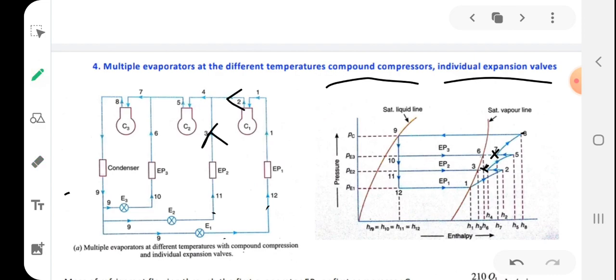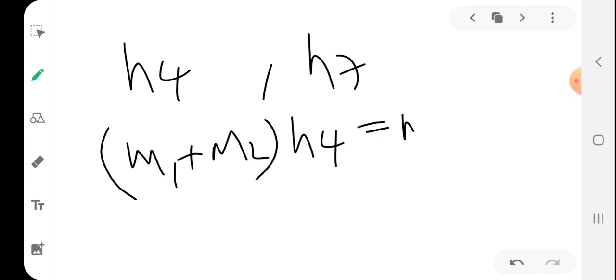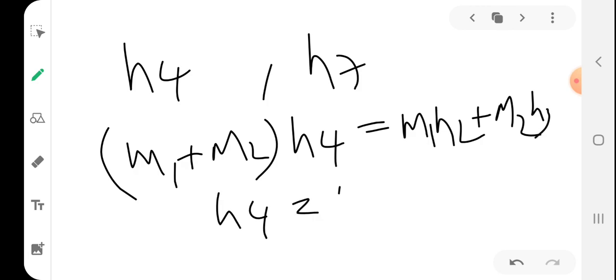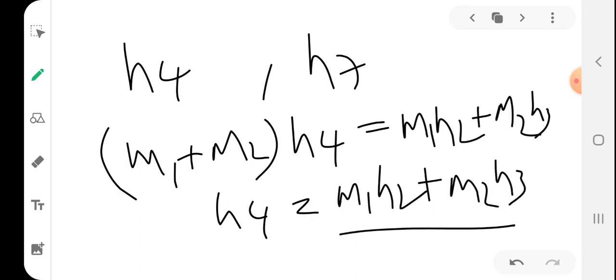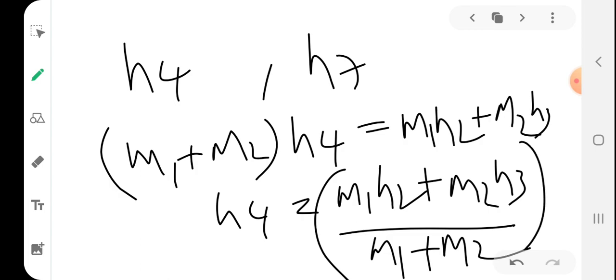What is the enthalpy of this particular stream? The mass of this stream m1 into the enthalpy of that point, and here m2, the mass of the stream, into the enthalpy of that point. So you can write m1 h2 plus m2 h3. So h4 can be written as m1 h2 plus m2 h3 by m1 plus m2. This is how you find the enthalpy of that particular point.